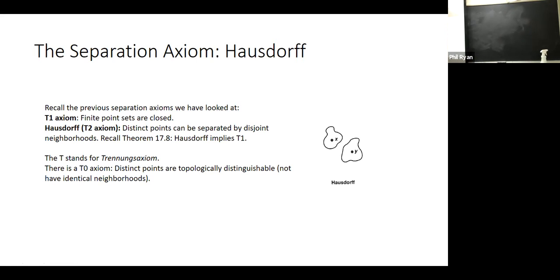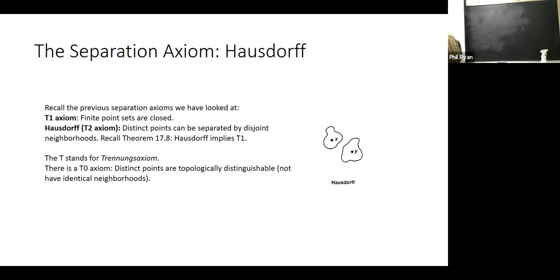By separation axioms, I'm meaning the ability for the topology to separate out various things. So I'm not talking about it in the sense of connectivity, right? Remember, we had a separation there into open disjoint sets.